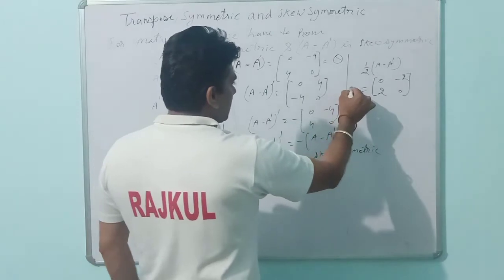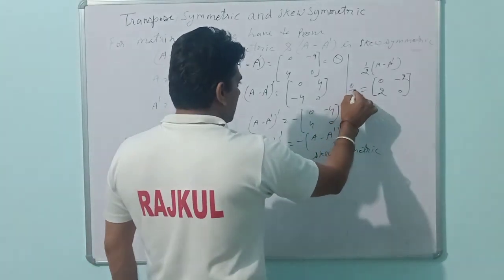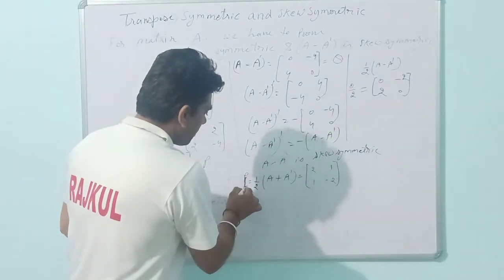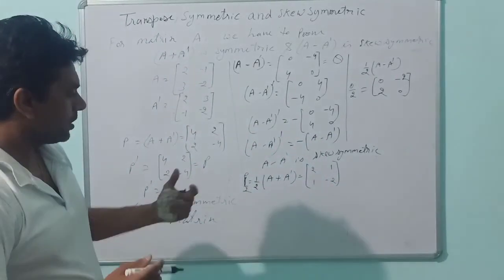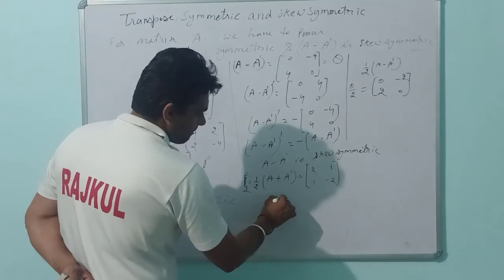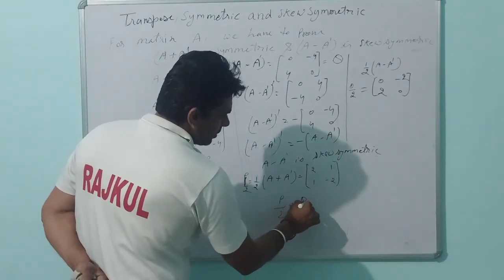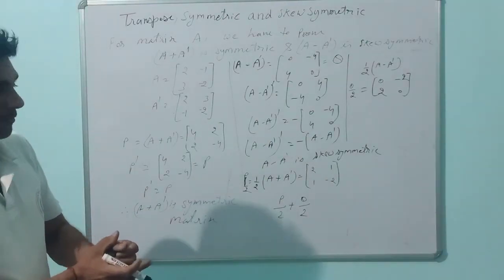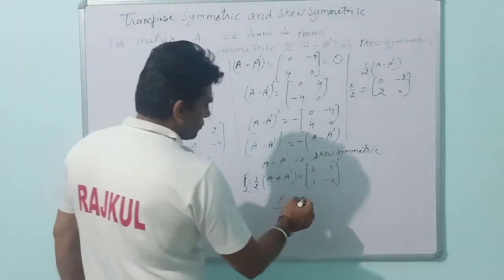Adding, this is P by 2 plus Q by 2, half of A plus A transpose plus half of A minus A transpose.